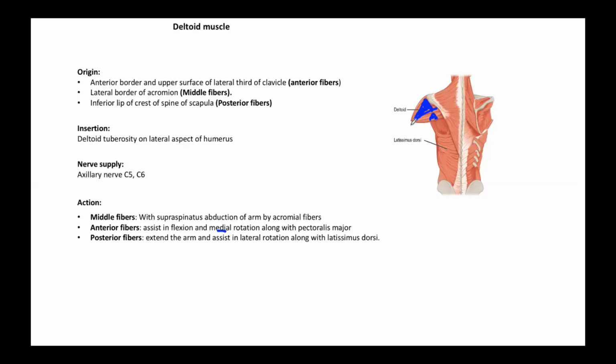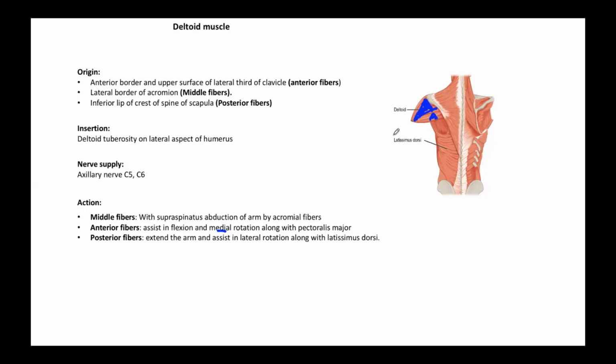To assess it on a normal person, we bring their arm 30 to 40 degrees to the side, and then ask them to abduct against resistance, and then we palpate the muscle. We always palpate the muscle when we check their power.